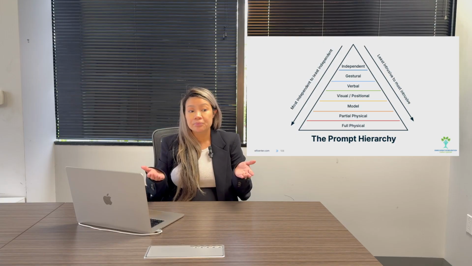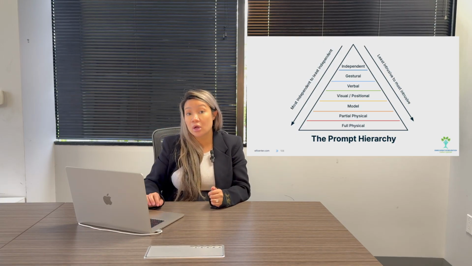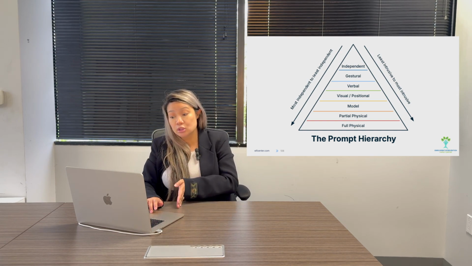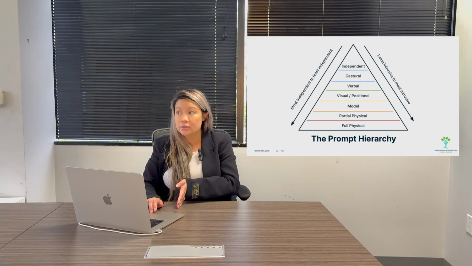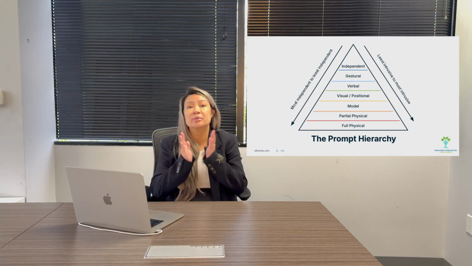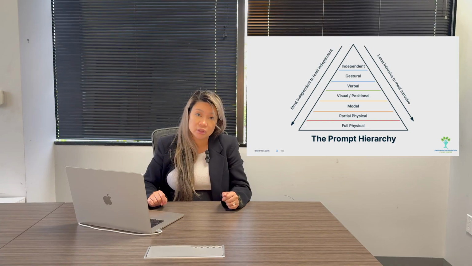So it could be do this and actually having the learner model clapping. Followed by the next intrusive, which is partial physical. So you might gently grab the learner's hands and put them together. And then last but not least would be full physical, which is hand over hand or hand under hand. So let's demonstrate it right now in the next segment.